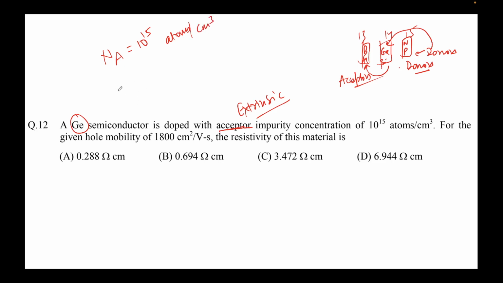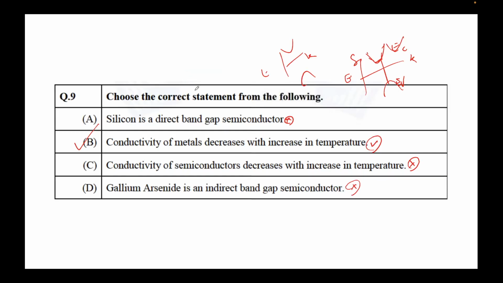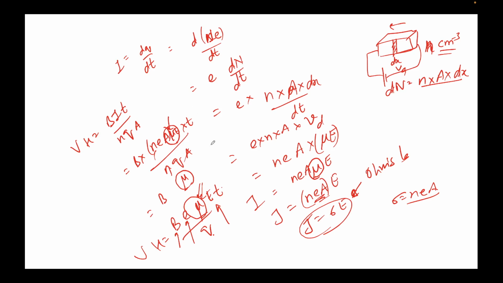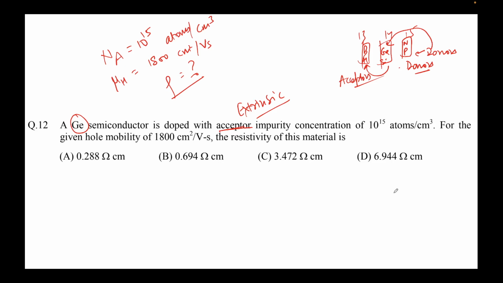Hole mobility, mu h, is equal to 1800 centimeter square per volt second. Resistivity rho is what? Coincidentally, we just derived that, here, sigma. We have been given mobility and this.